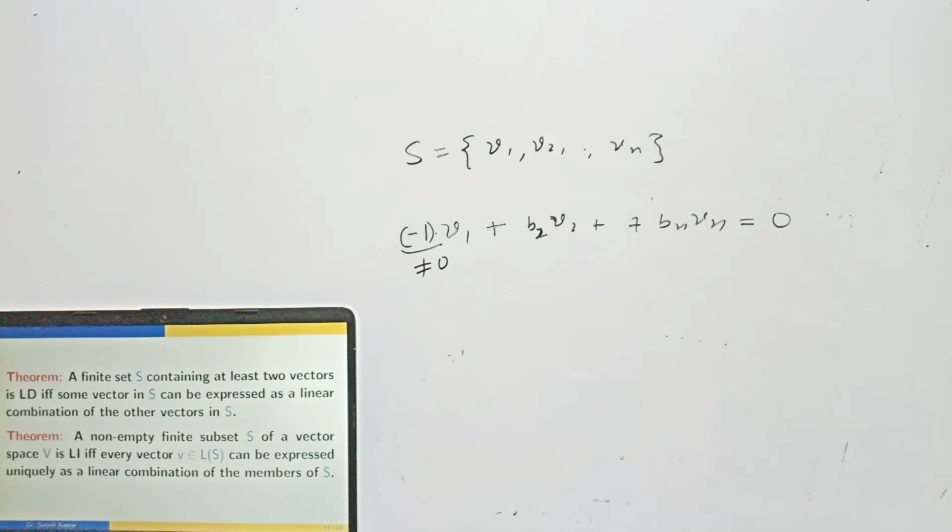Consider the left part of this theorem. S is linearly independent. Start with this and show that any vector v in L(S) can be expressed uniquely as a linear combination of the members of S.